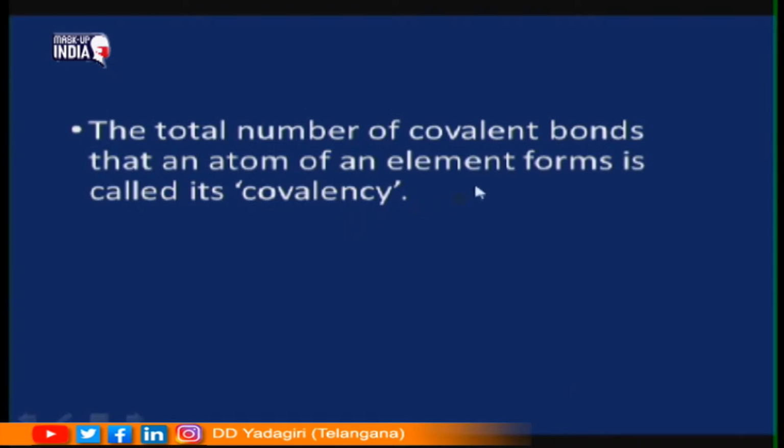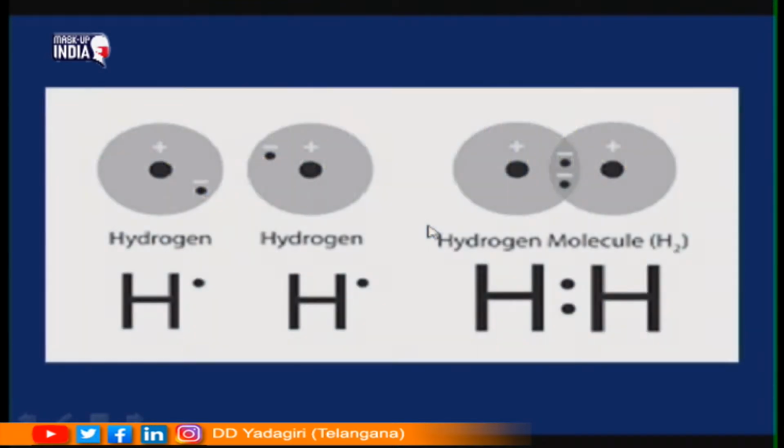So, children, the total number of covalent bonds that an atom of an element forms is called covalency. We have seen formation of a single bond due to the sharing of a single pair of electrons between two hydrogen atoms. So, a single bond is formed when one pair of electrons is shared. So, the hydrogen molecule has a single bond between two hydrogen atoms.